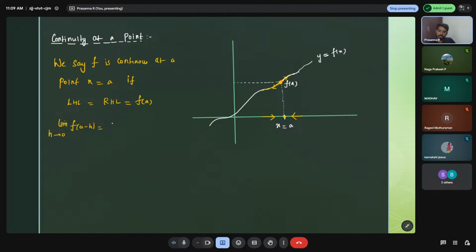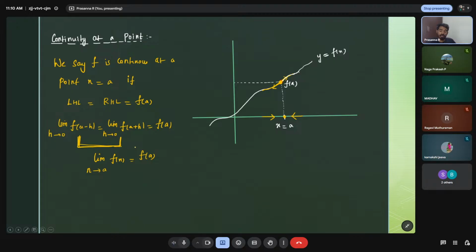The formula for RHL will be limit h tending to 0 f of a plus h, and both have to be equal to f of a. If these two are equal, then we say limit exists at a, right? If limit exists, I can write this as limit x tending to a f of x exists, and that should be equal to f of a.